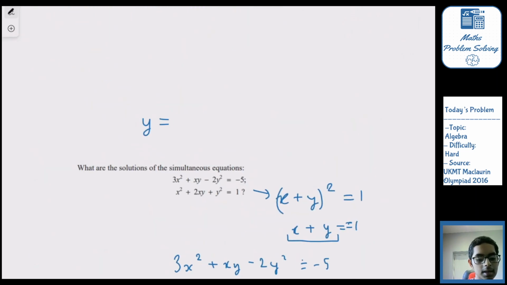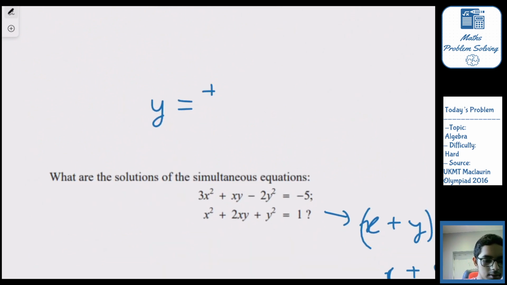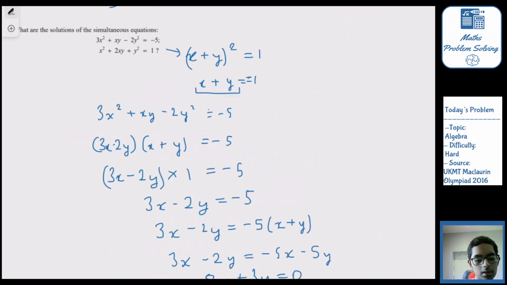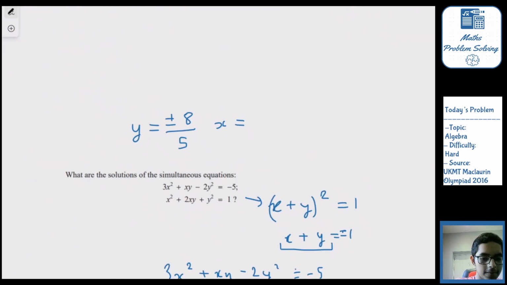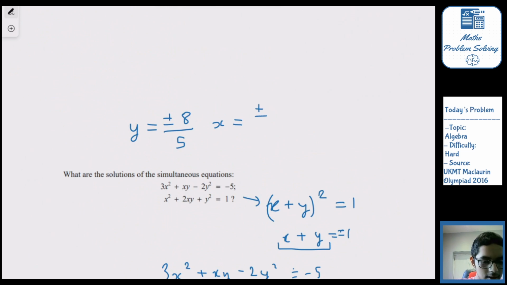plus or minus 8 divided by 5, and x equals plus or minus 3 divided by 5. Now, this isn't the proper way to write this, because it's not quite clear which terms link with which. For example, it's not clear if when y equals positive 8 divided by 5, x is negative 3/5 or positive. So let's write these as pairs.